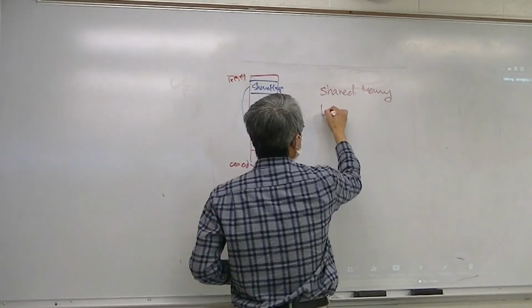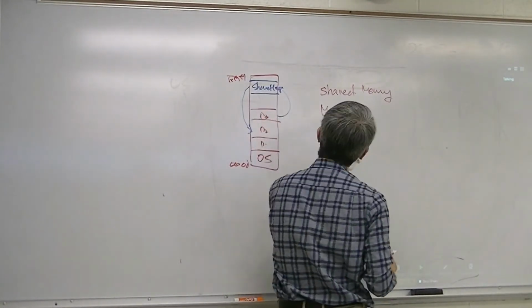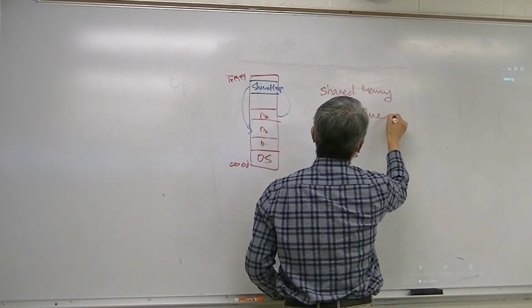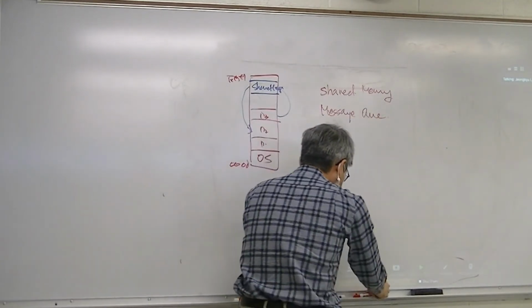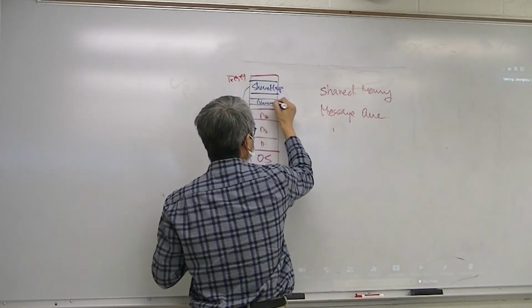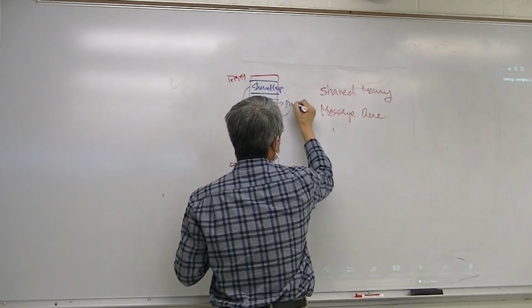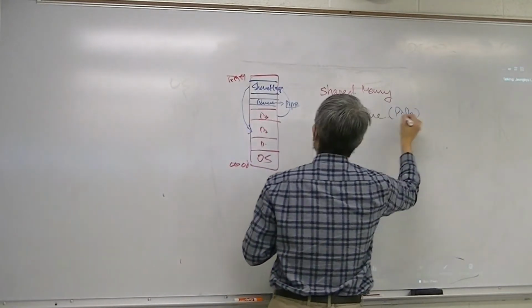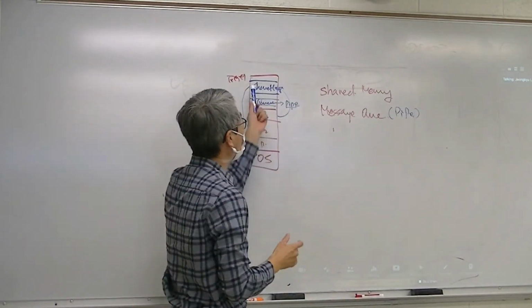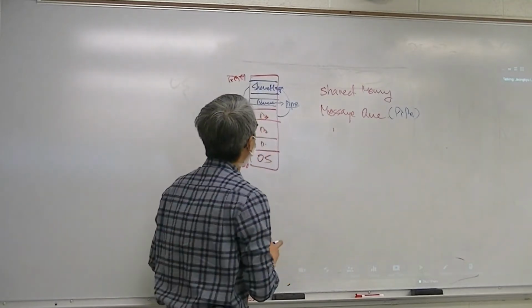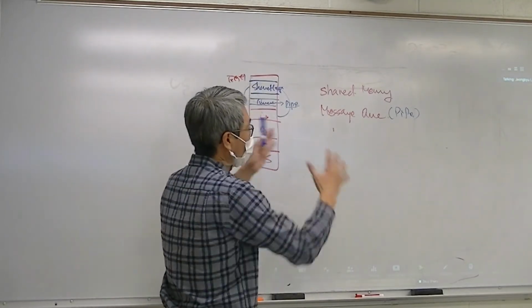Another one is message passing. So we can create the queue area. This is called the pipe. With shared memory, you need to know the address of such a shared memory, then anyone can get the data.